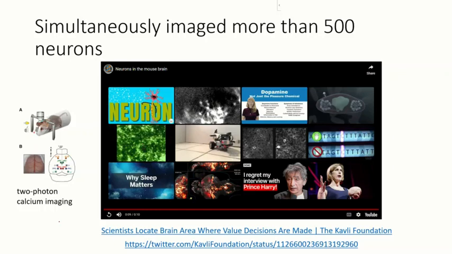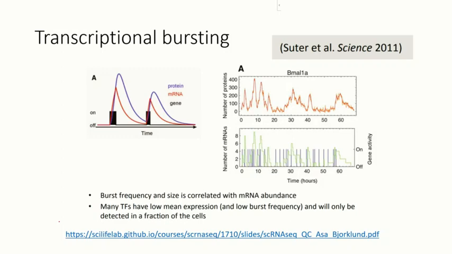So gene expression itself is a stochastic event, and we should consider transcription bursting. Sometimes a cell expresses a particular gene really high, and sometimes it's shut down, just taking a break.